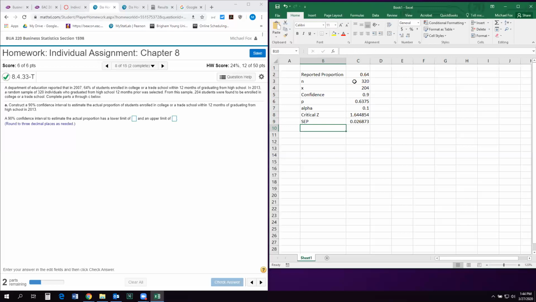And once I know that, I can find my margin of error. Margin of error is just the critical z-score times the standard error of the proportion.